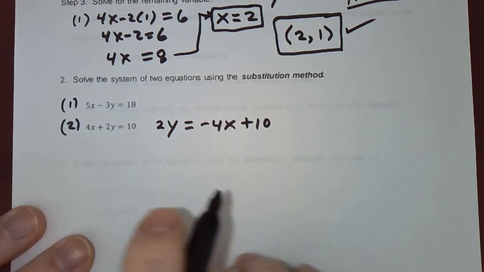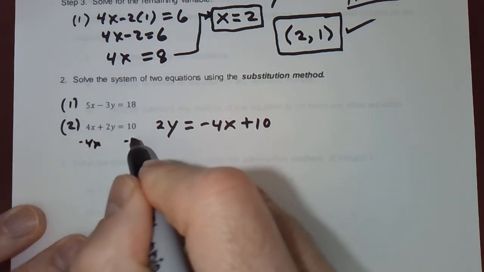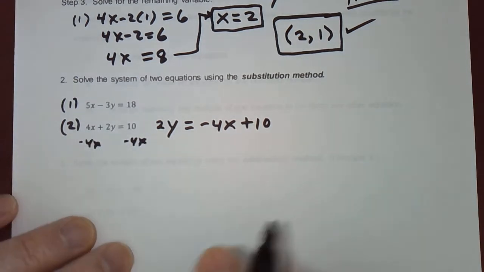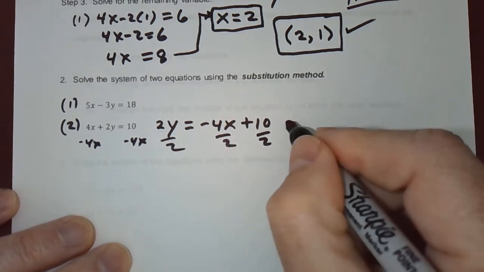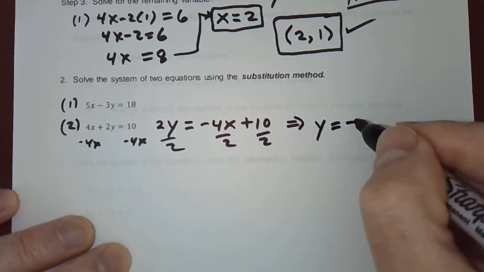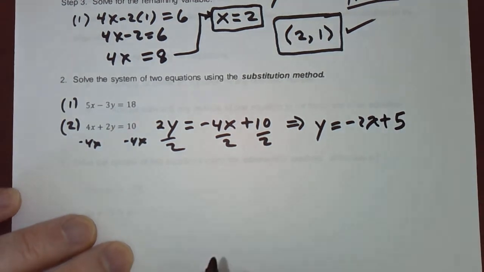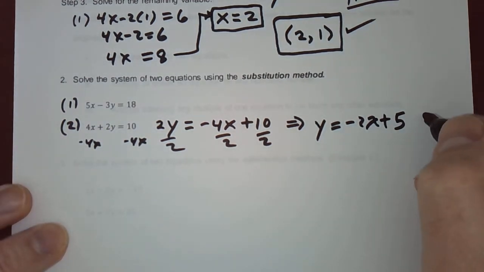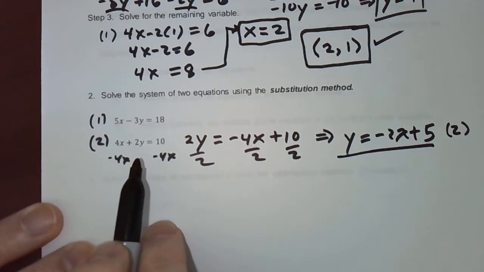Now what's my justification for doing that? I subtracted 4x from both sides. And now I'm going to divide everything by 2 to get y by itself, and that gives us y equals negative 2x plus 5. So this is our new equation number 2, just another way of writing the original equation.